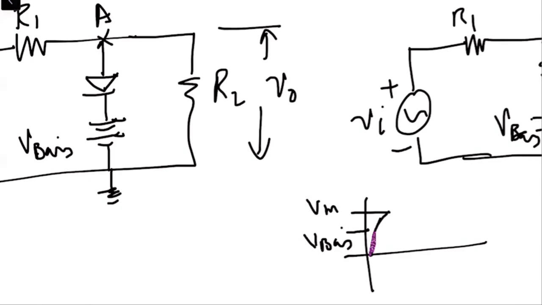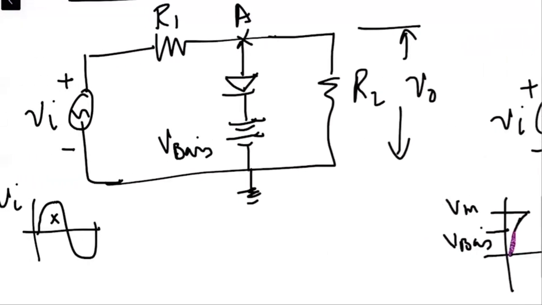Are you with me? So as long as the point A is having a voltage less than V bias, the diode will remain in the off position.